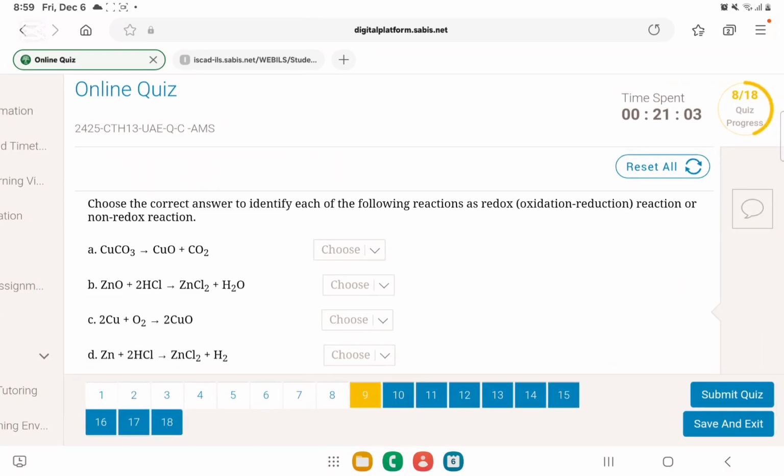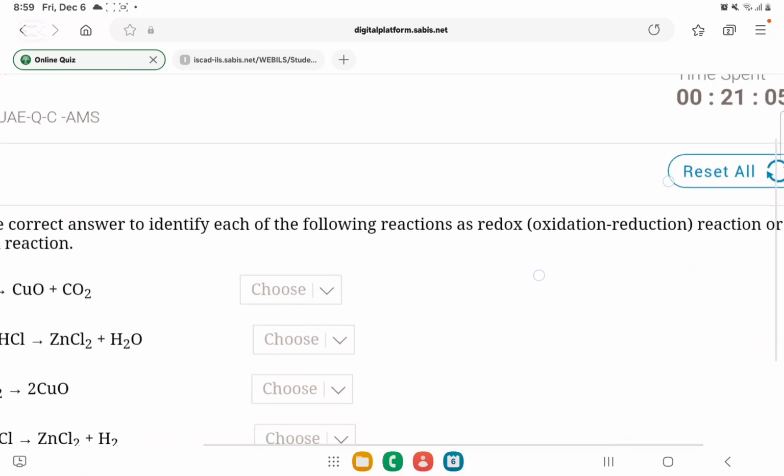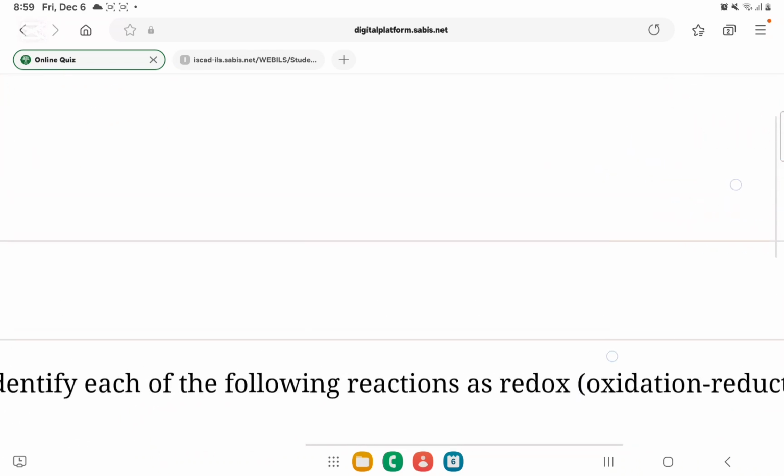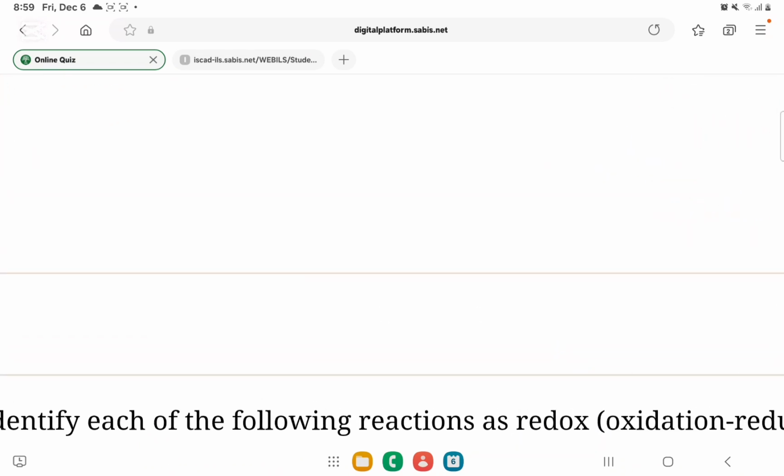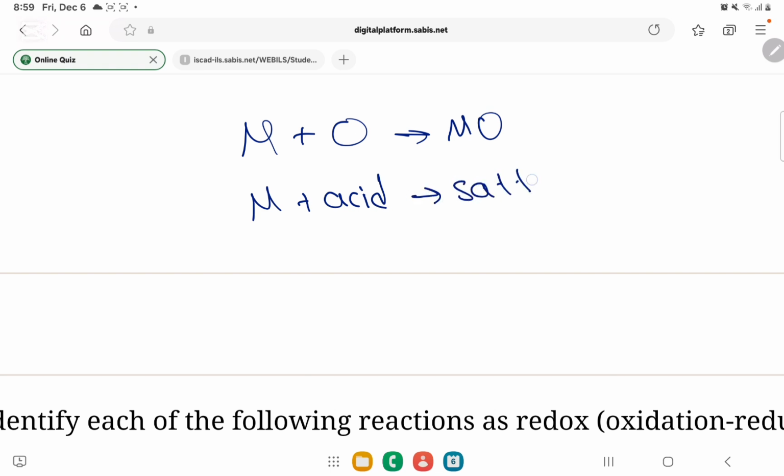Okay, here you have to find redox reactions. My teacher told me that normally there are 2 types of redox reactions we need to know now: metal plus oxygen to give metal oxide, or metal plus acid to give salt plus hydrogen.